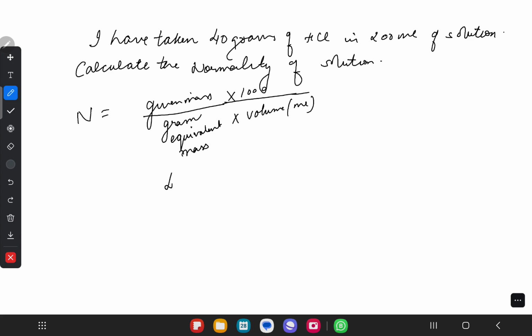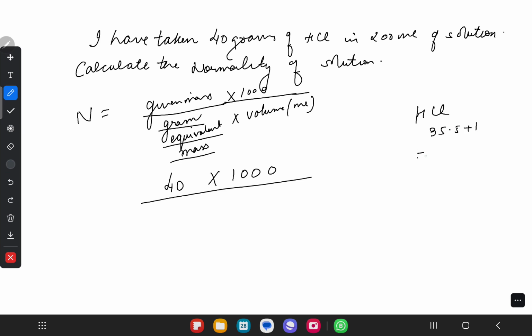Now what is the given mass? That's 40 into 1000. What is the gram equivalent mass of HCl? The given mass is 35.5 plus 1, that's going to be 36.5 over 1. So that's 36.5 into volume in milliliters.